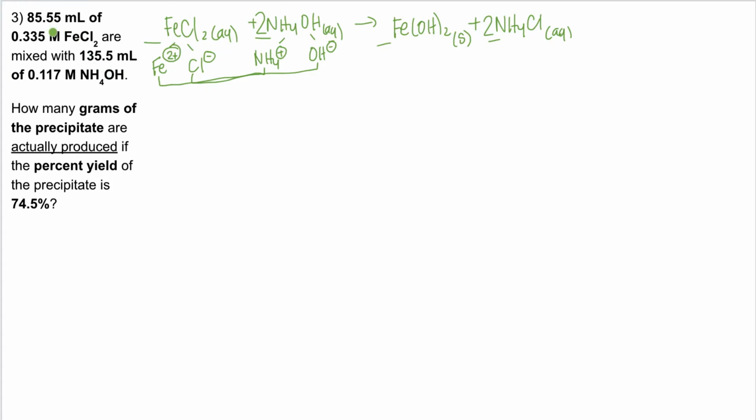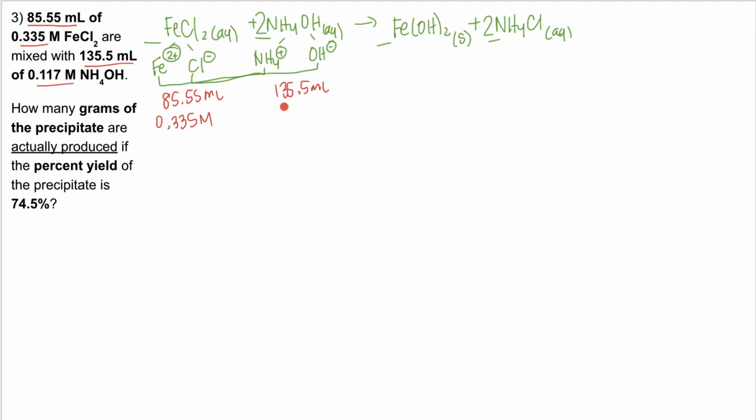And now we're ready to take a deeper look into the numbers that we're given. We're given the volume and the molarity for each of the reactants, so we can go ahead and set up our molarity equation. Since we have the molarity and volume, I'm just going to write down these given values for each of the reactants first.